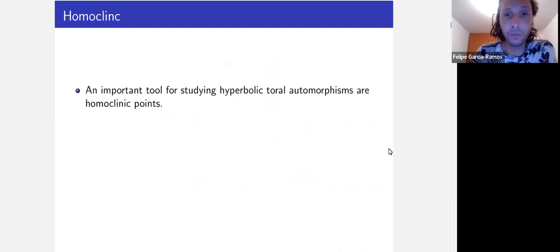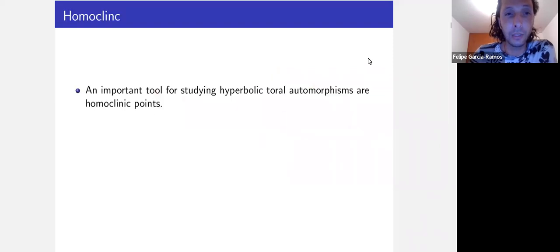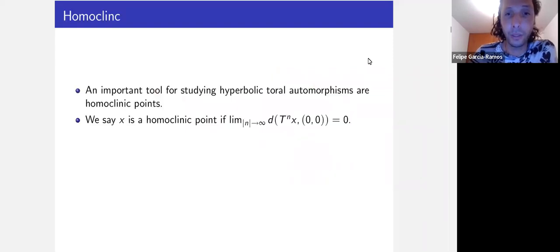One of the tools that people use to study the hyperbolic toral automorphisms, like this one, are the homoclinic points. A homoclinic point is a point such that the orbit converges to the identity going forward and going backward. So here I'm taking n going to infinity, but also n going to minus infinity.